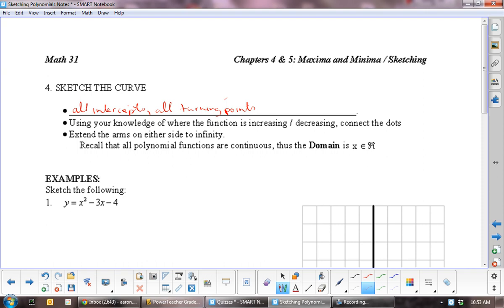Okay, use your knowledge of where the function is increasing and decreasing, connect the dots, extend the arms for both sides to determine infinity, right? So all this is given a bunch of information, draw a picture.